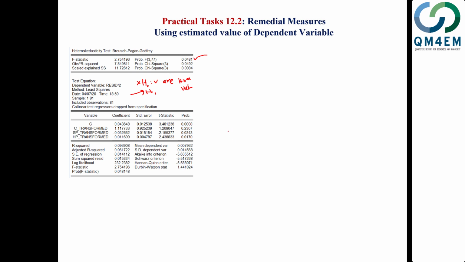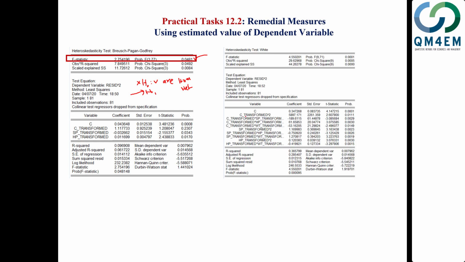And if we apply the White test, you see here the White test is also statistically significant at 1%. N times R squared follows the chi-square distribution, and that shows a very high statistical significance. So this also shows that the heteroscedasticity problem is there. It has the same hypothesis: H0, the variance is homoscedastic, against H1, the variance is heteroscedastic.